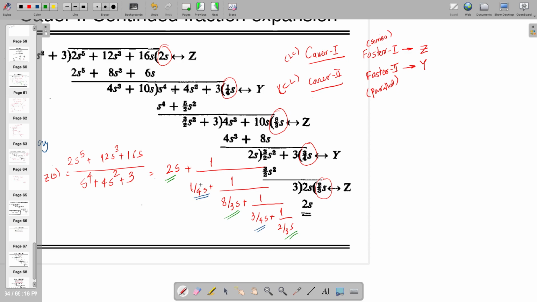Oh, 1 by 4, okay. It's not in the denominator. Maybe the way I have written it is confusing. So all these s are in the numerator, right? So this is L, this is C, this is L, this is C, this is L.